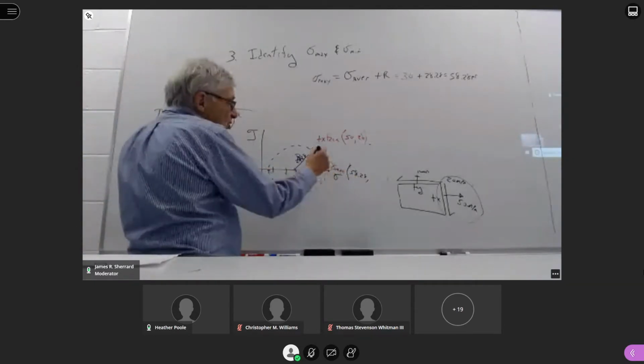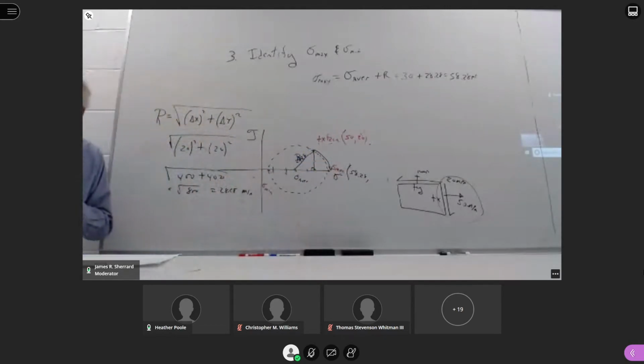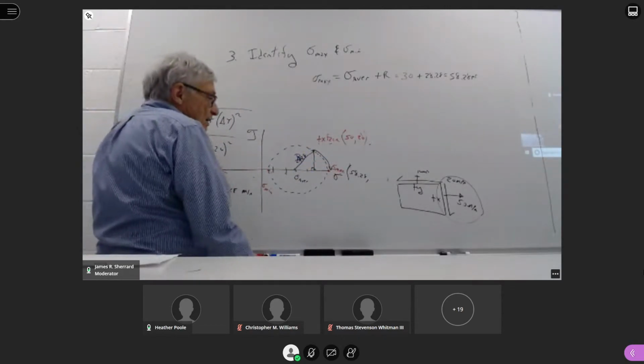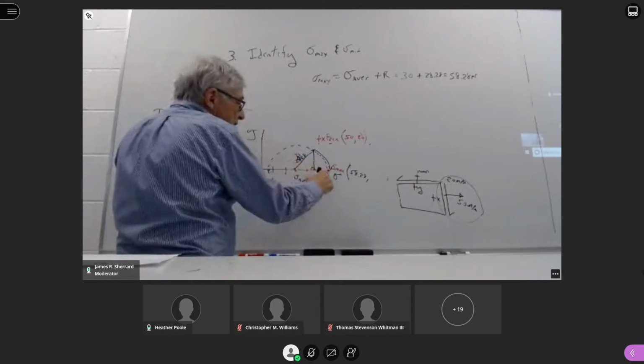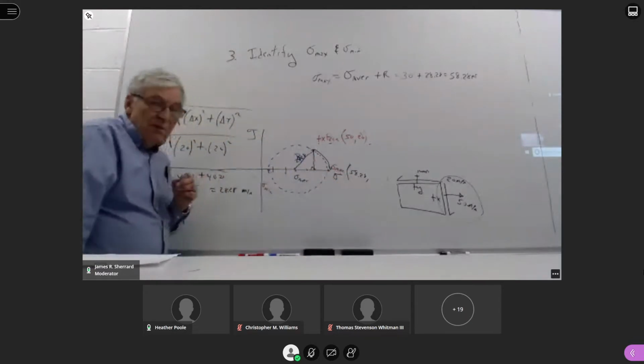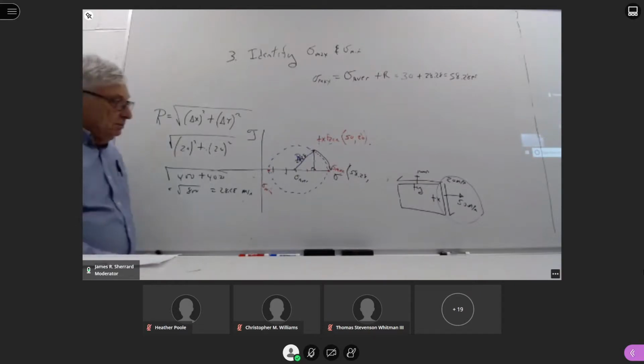I've just done that. So you've rotated this point down to here. So what is the value of shear stress when I have my maximum value for plane stress? From just looking at the plot. 0. 0.